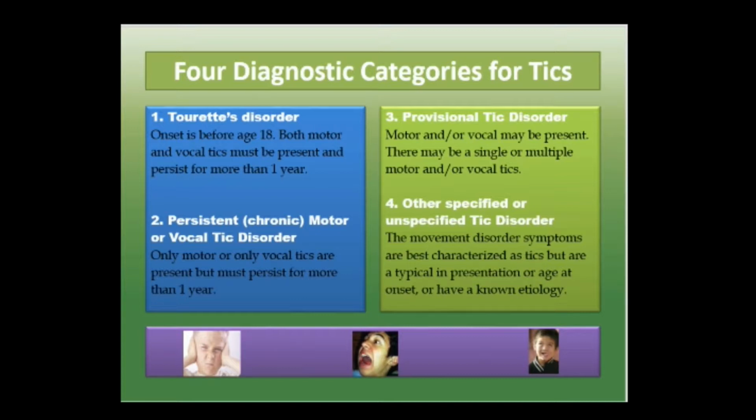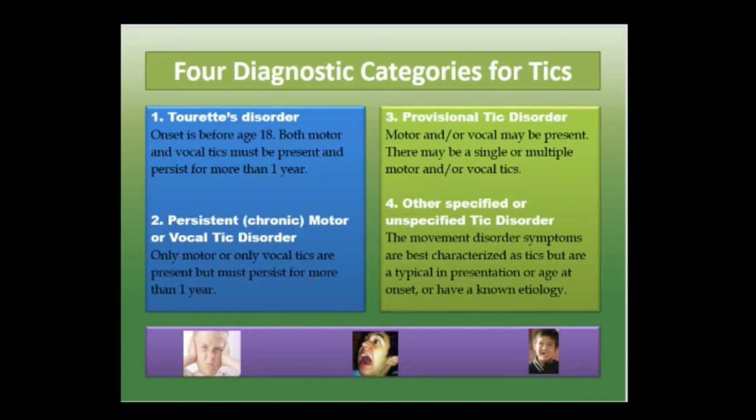Our third category is the provisional tic disorder. Under provisional tic disorder, you may have motor and/or vocal tics present. So you may have a single occurrence or multiple, where you have both motor and/or vocal tics. And then lastly, we have the category we call specified or unspecified.